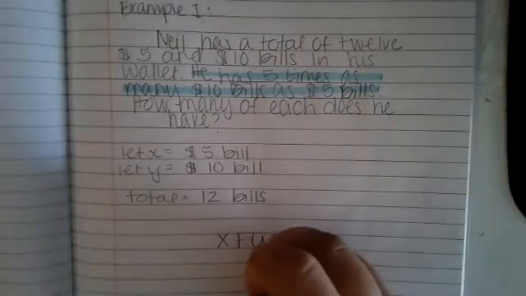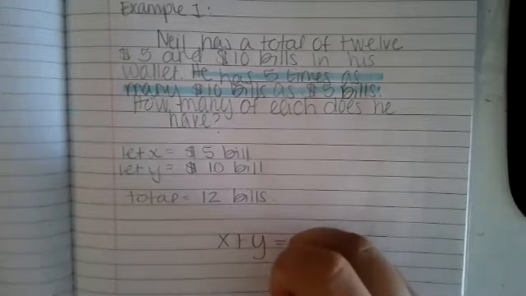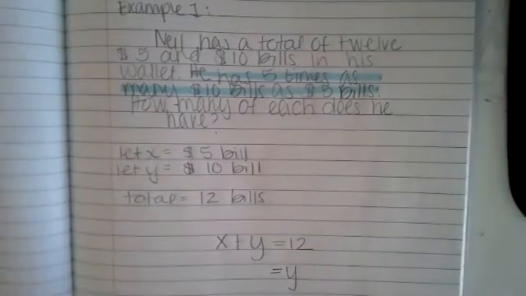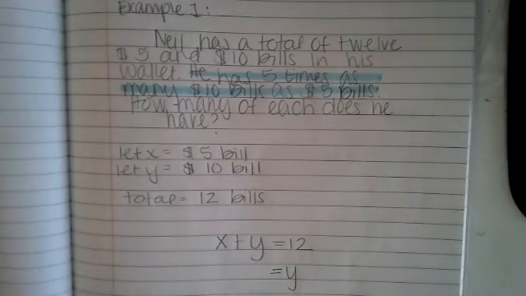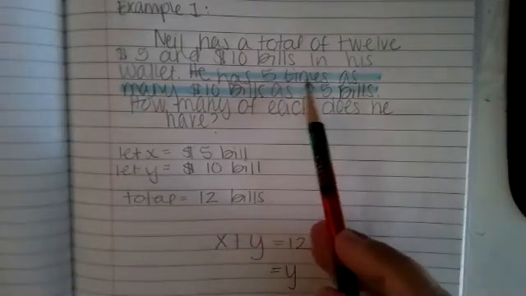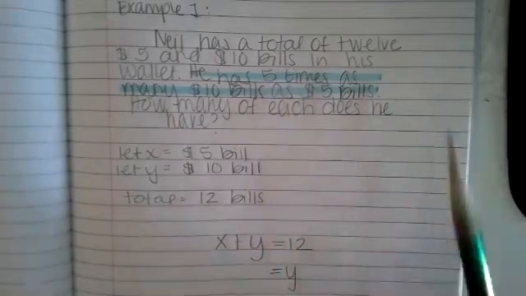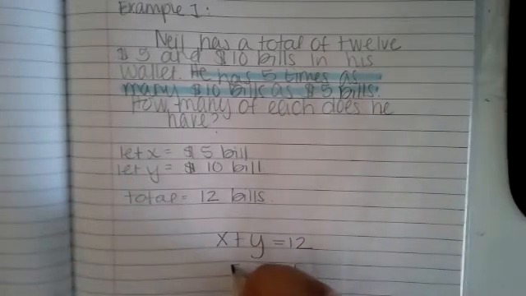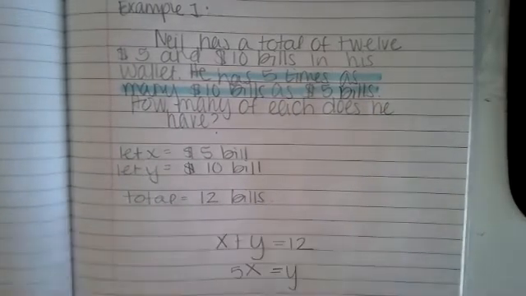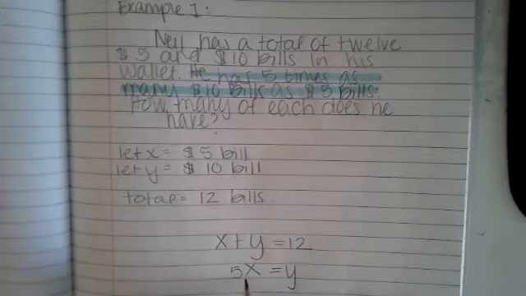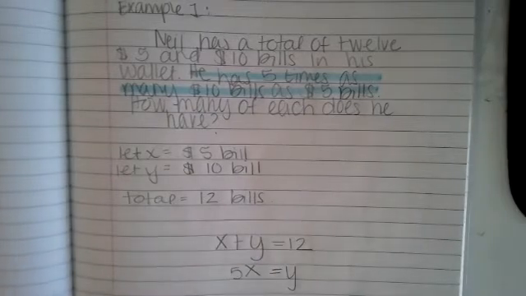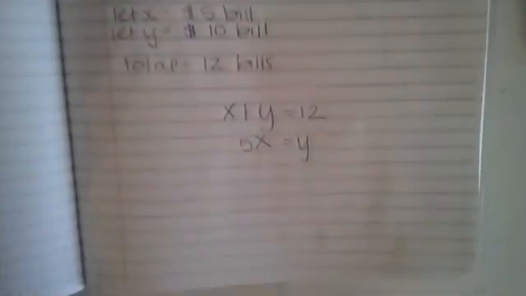So I'm going to choose to set that equal to y, because y is my $10 bills. He has more of those. So he has 5 times the amount of $5 bills equal to his $10 bills. So those are my 2 equations that I end up being able to write.